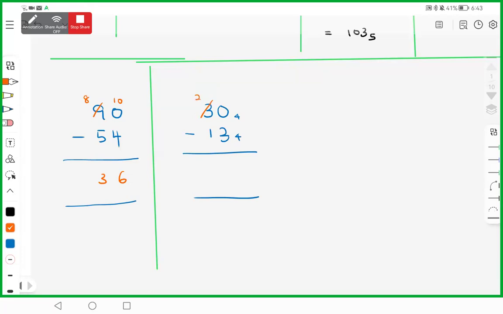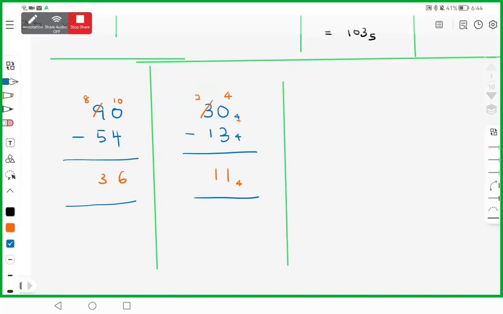But once you borrow, since now you have base 4, you get 4 only. So you write 4 there. Then only you proceed. 4 minus 3 is 1. 2 minus 1 is 1. That's the idea. Once you borrow, you must remember the base is 4 only, so you get 4 only, no extra.